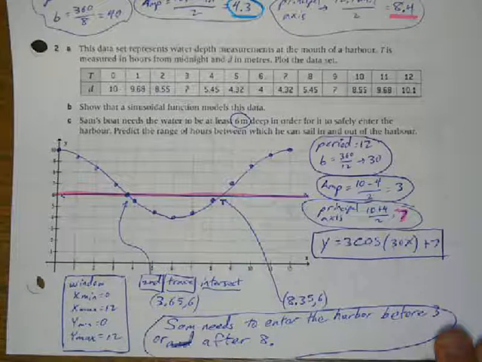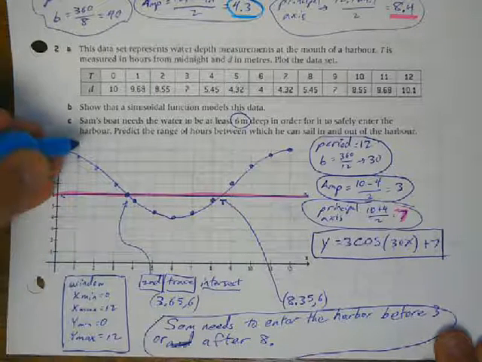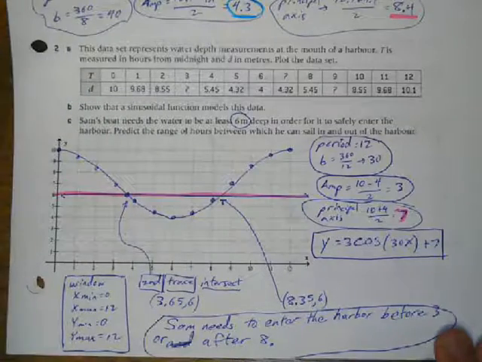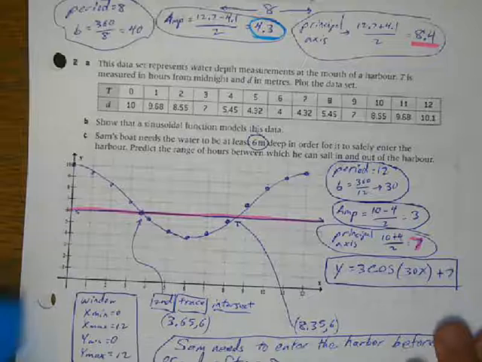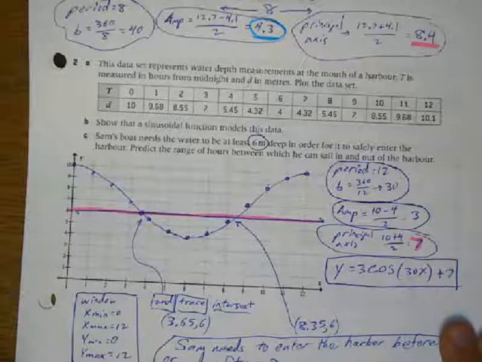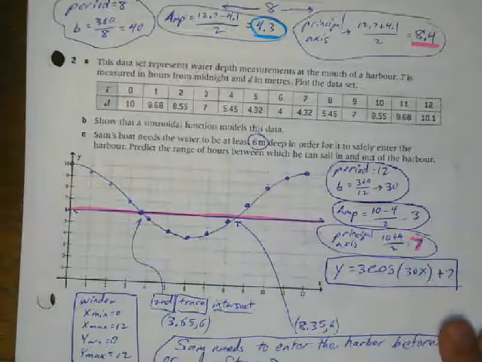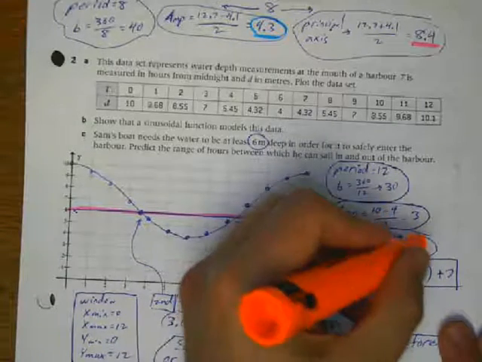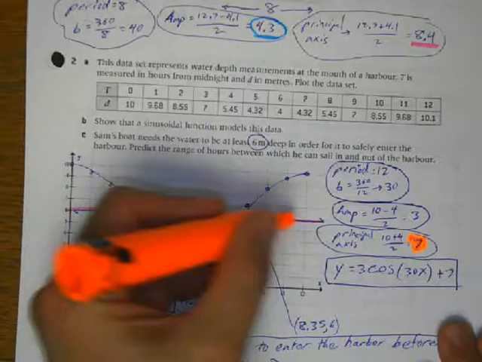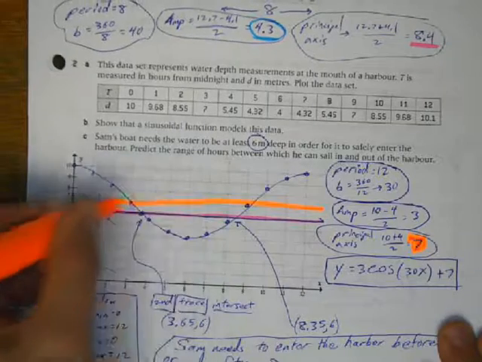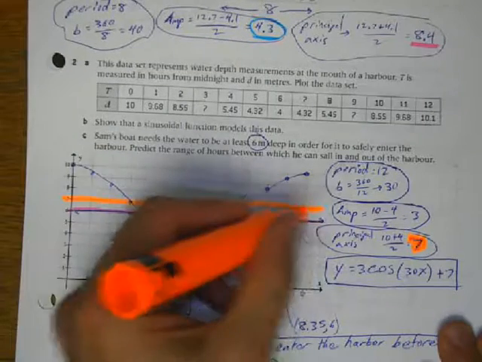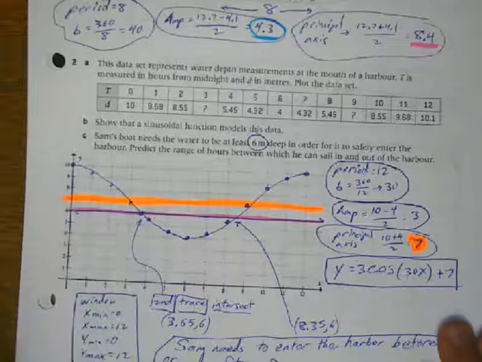the distance between the principal axis, oh, I just highlighted the wrong number. Okay, let's try this again. Let's use a different color. Principal axis is this right here, 7. Okay.